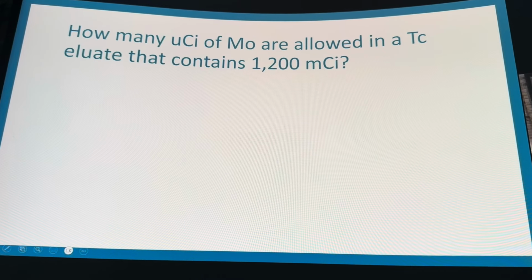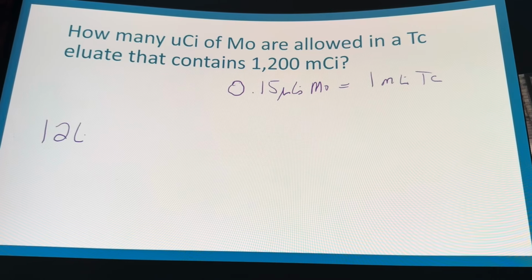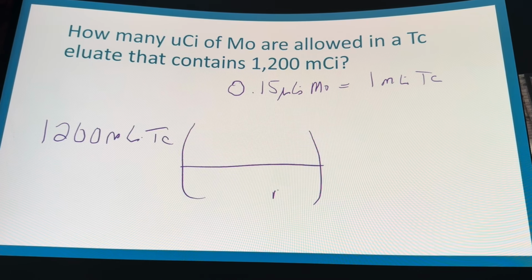All right, we can ask this a different way. How many microcuries of moly are allowed in a Tc-99m eluate that contains 1,200 millicuries? Always think conversions. 0.15 microcuries of moly equals 1 millicurie of tech. So if I have 1,200 millicuries of tech, whatever's on top goes on bottom: millicurie of tech on the bottom, microcuries of moly on top, 0.15 microcuries of moly per millicurie of tech.